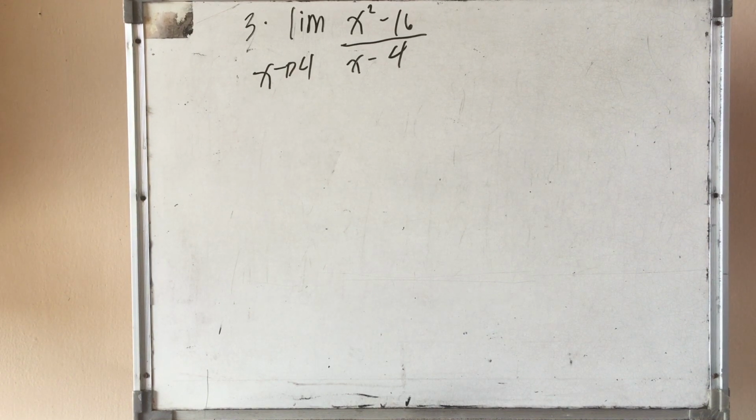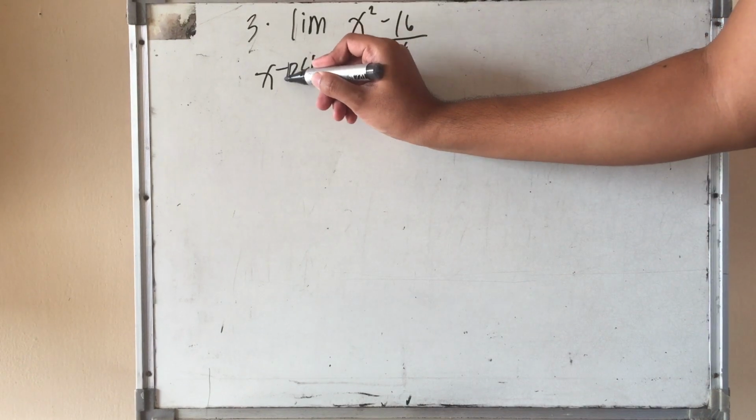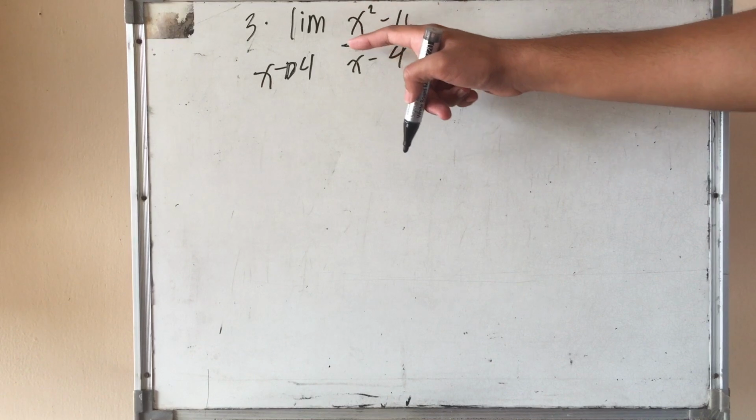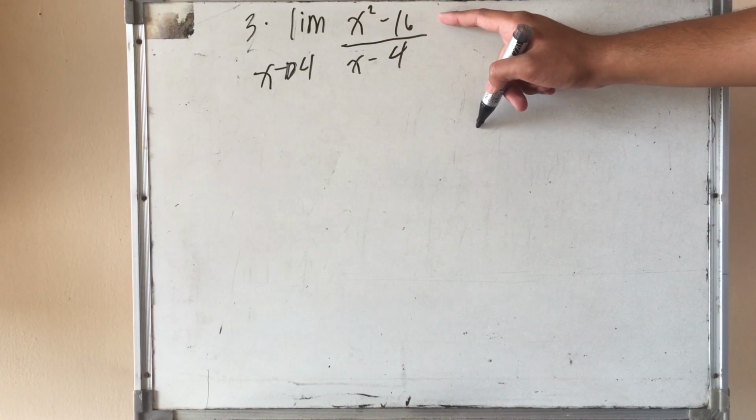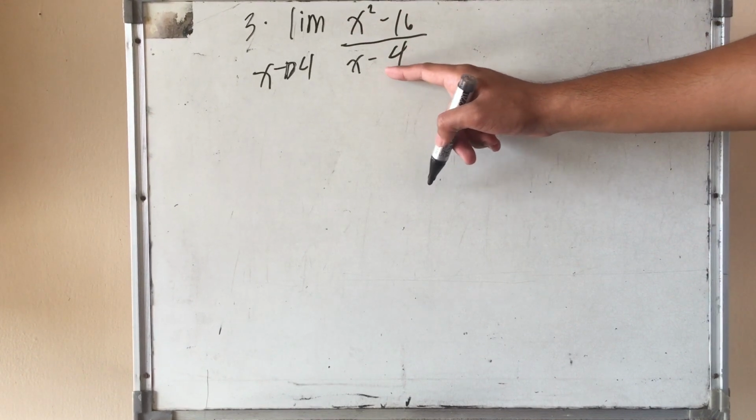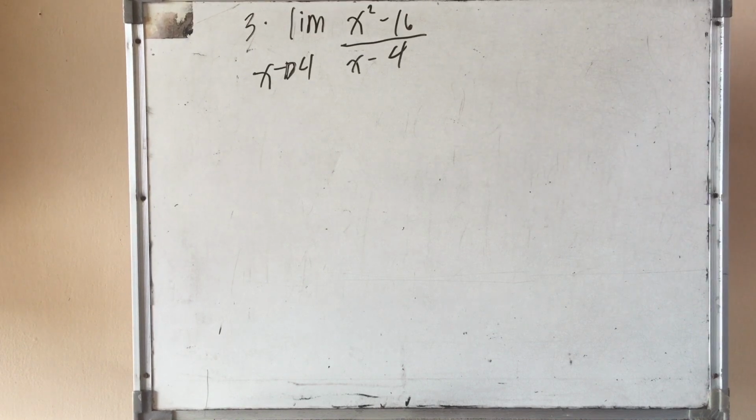This is again an indeterminate form, since f of 4 does not exist: if you substitute x equal to 4 in this equation, 4 squared minus 16 is equal to 0, and 4 minus 4 is equal to 0, which makes it an indeterminate form.